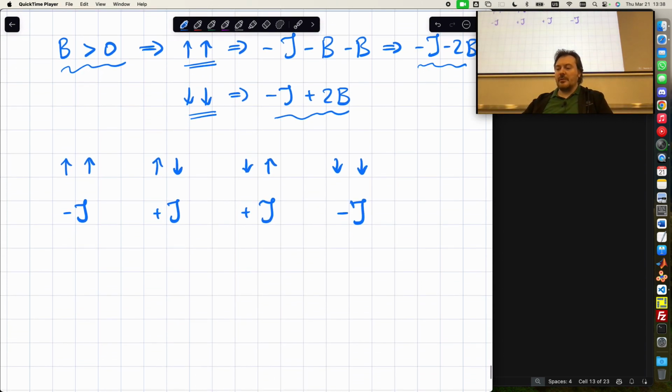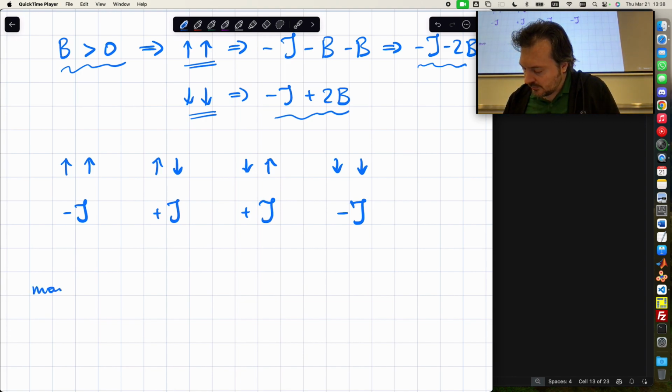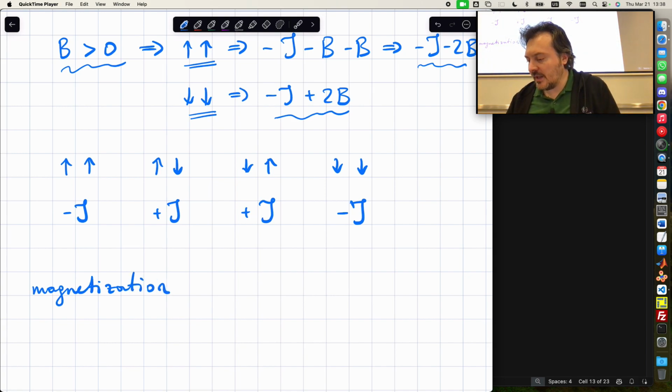Let me also talk about magnetization. Magnetization is the average of spins. Like, what is the average of all the spins? So we have two spins. If they are both aligned up, then the magnetization is 1. If one is up, the other one is down, the average is 0.